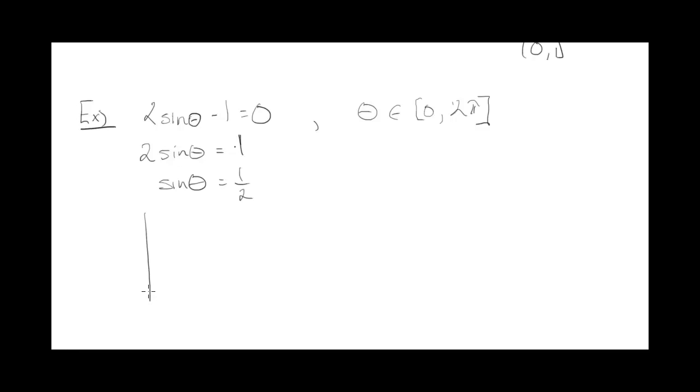So this one I would probably advise to think about as an angle on the Cartesian plane. You need to know that sine theta of a half corresponds to the angle pi by 6. So this angle here would be pi by 6. So theta is pi by 6.